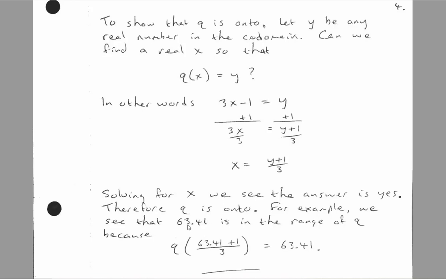So is this in the range? Yes, because if you take this number, Q sends this number to 63.41. Just by our argument here. Alright, so any real number y gets hit by something. So that tells us that Q is onto.